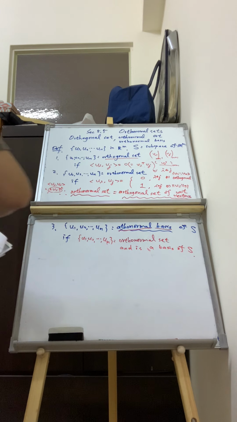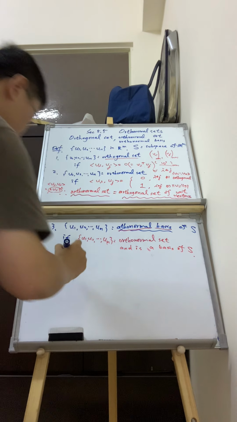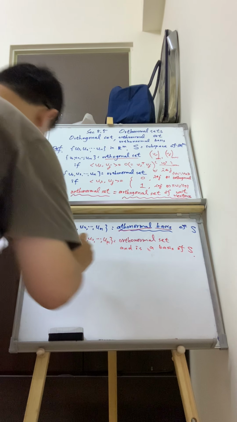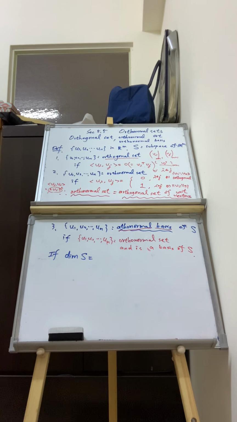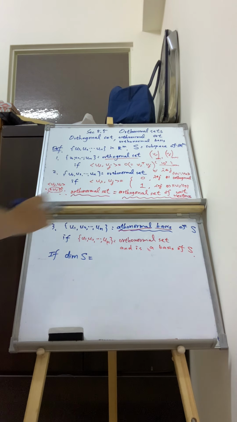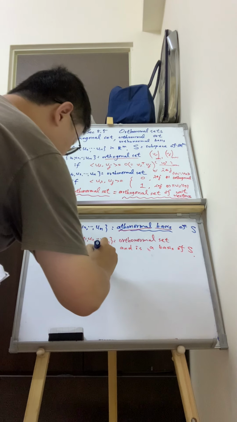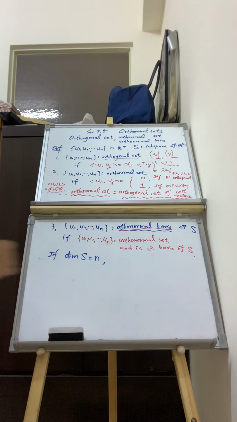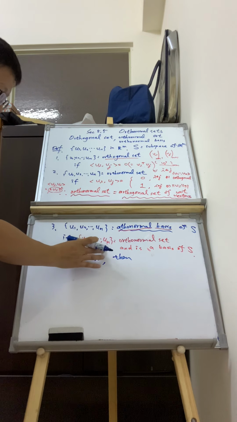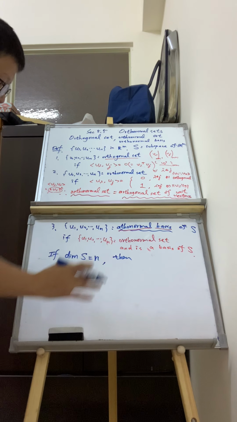So if the dimension of S equals n, so the subspace of Rn has dimension n, then what can we say?